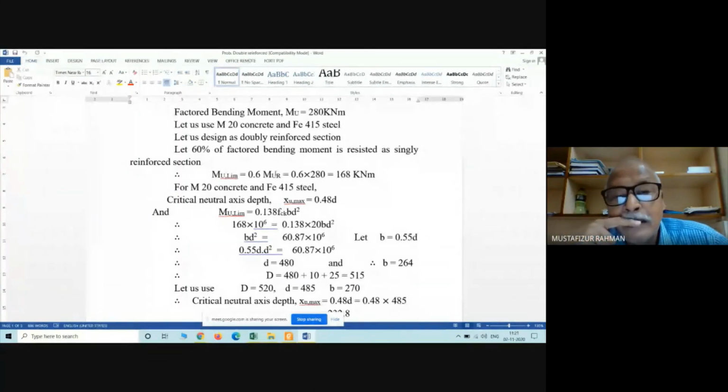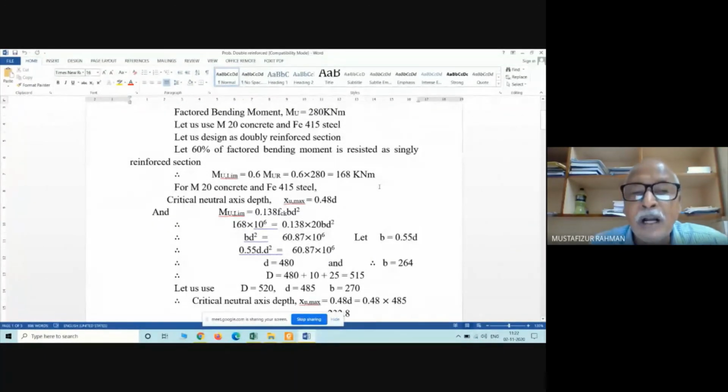So if singly reinforced section, now come here, the critical neutral axis depth with respect to M20 and Fe415 is 0.48 D, where D is the effective depth of the section. Remember, D is not yet known.